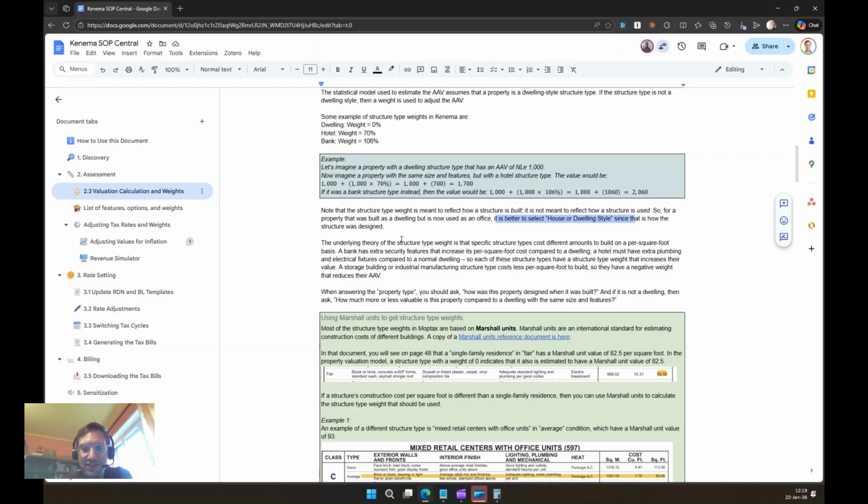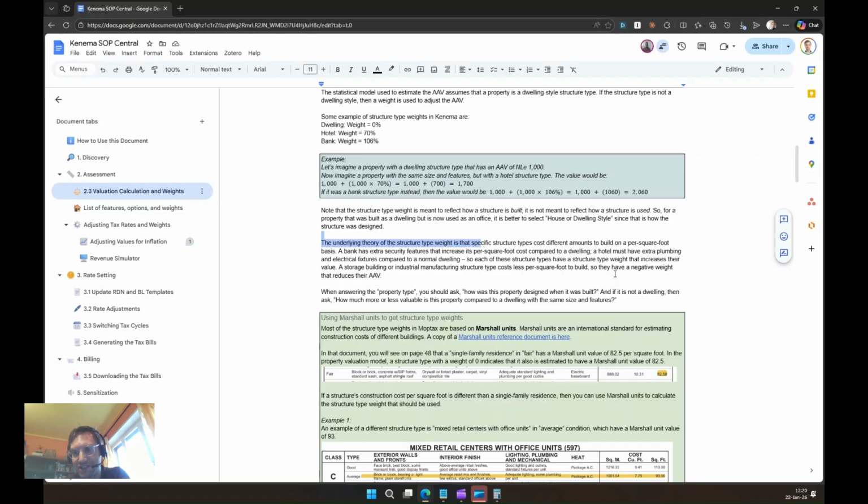The theory behind the structure type weight is that specific structure types cost different amounts of money to build on a square foot basis. So a bank has extra security features that increase its per square foot costs compared to a dwelling. A hotel, similarly, has extra plumbing, has extra electrical features compared to a normal dwelling.